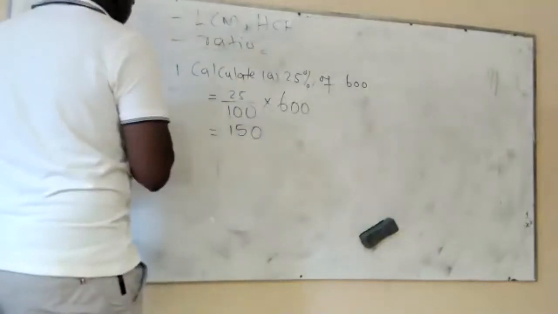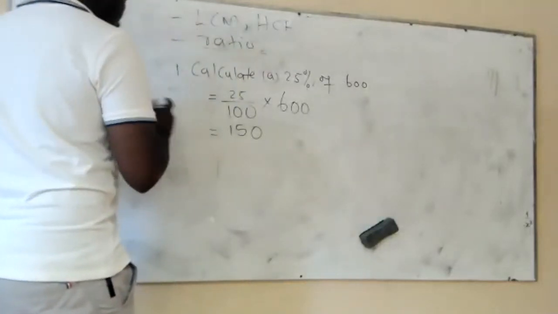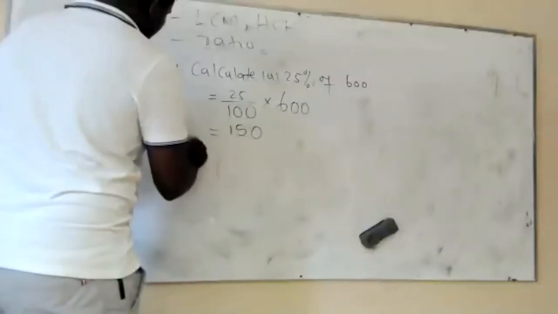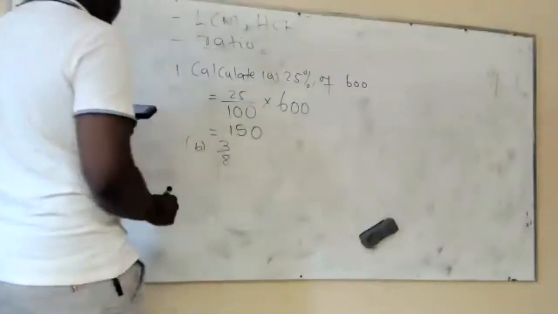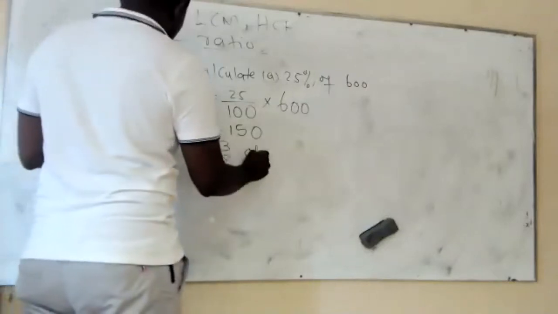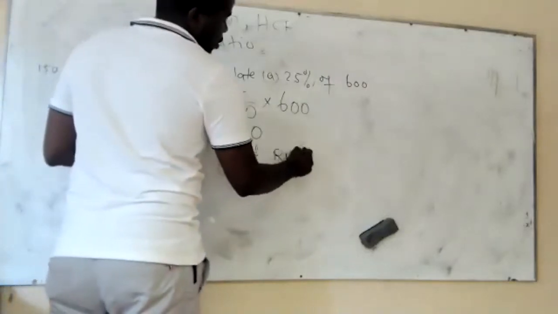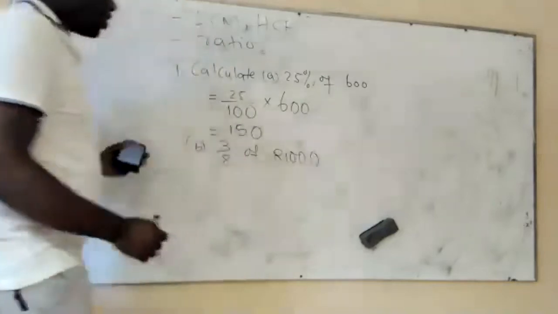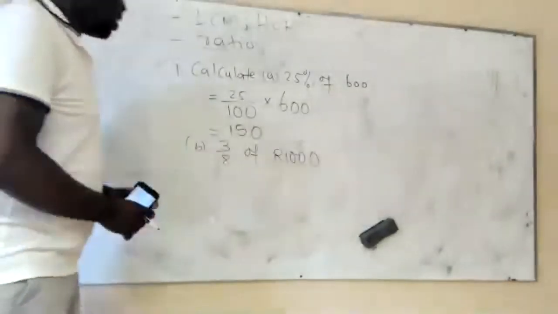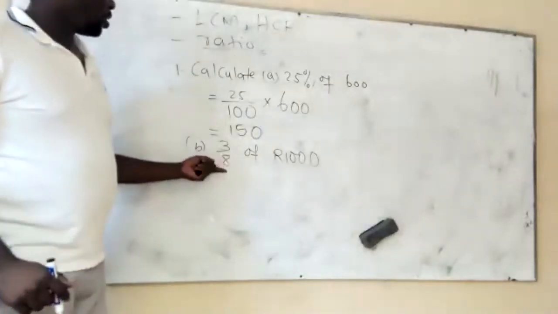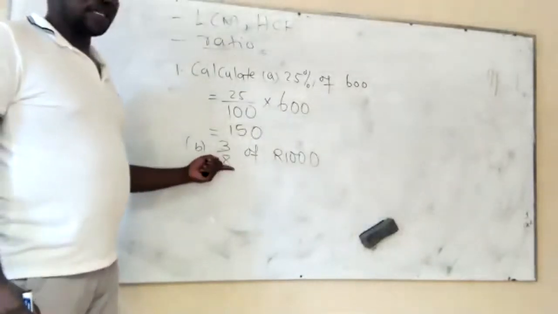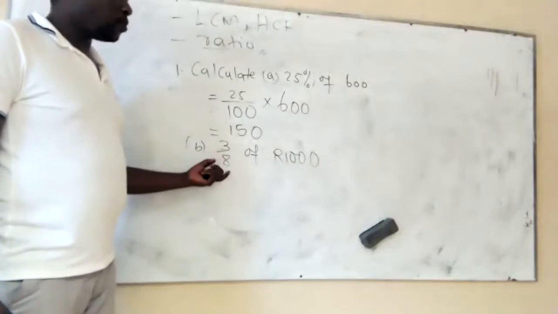So now let's quickly go to the second question you gave me yesterday, which is 3/8 of 1000. The difference between the first question and the second question is that on the second question, we are not given the value as a percentage. It's in fractional form.